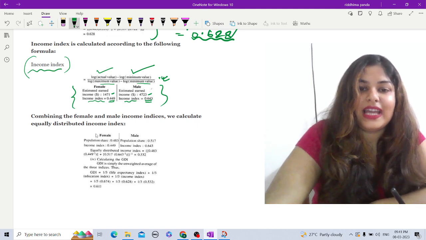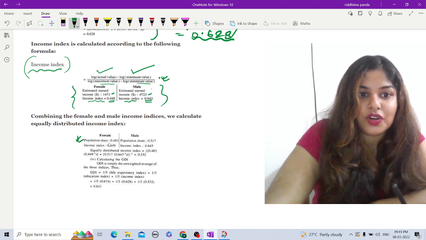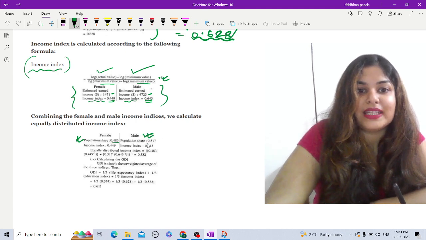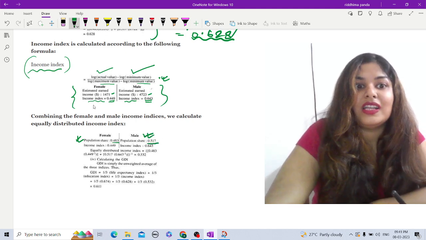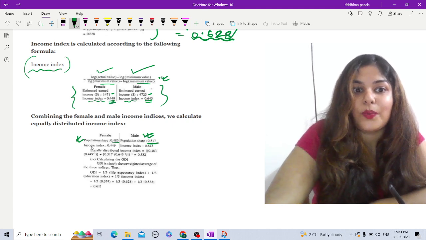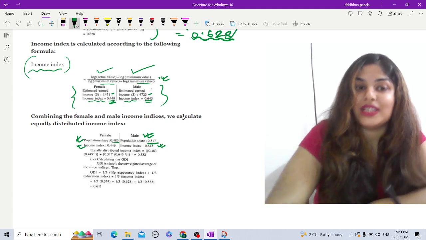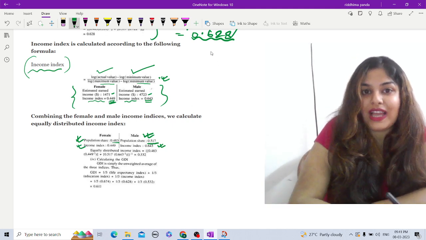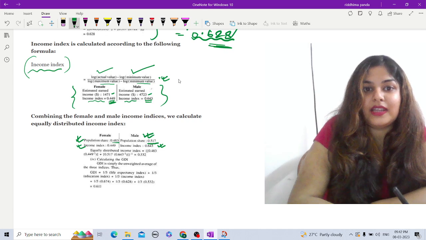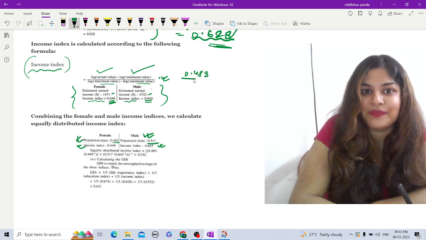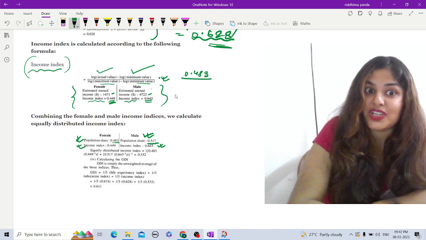So for that again, I have my population share of female, that is 0.483, and population share of male, that is again 0.517. Now for female, the income index is 0.049 and that of male is 0.643. So just now we have calculated this for the second indicator. So similarly, we will use the data. First one is the population share, how much it is for female, 0.483 divided by the dimension index, in this case for income. How much is it?